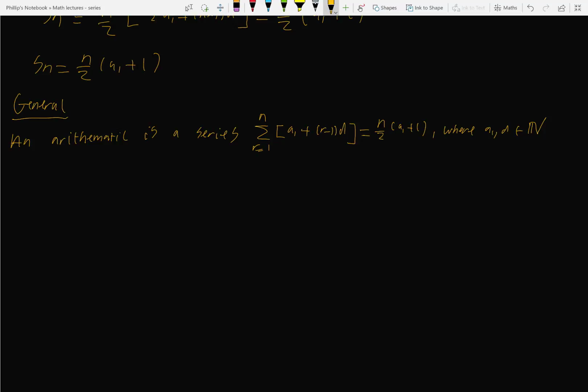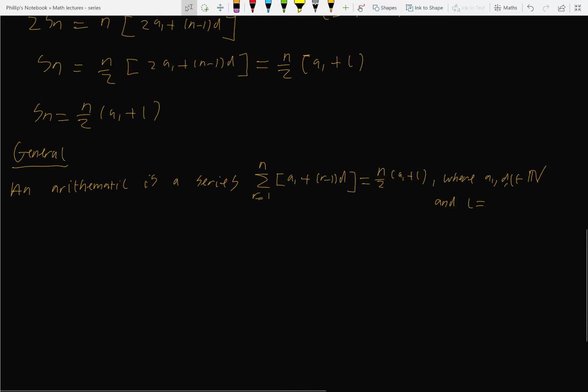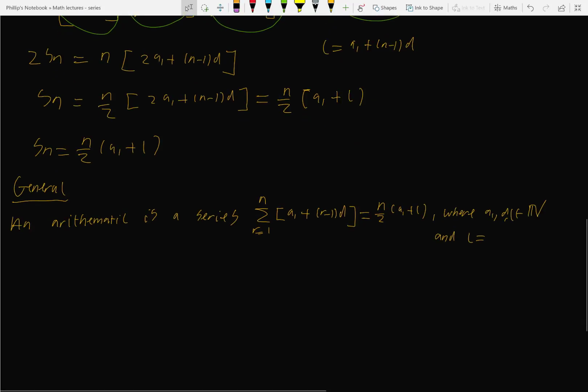and L equals a1 plus n minus 1d. So that's an arithmetic series: a series of this form, which is equal to this, where these terms are positive integers and this term is given by taking the a1 and d and doing the following.